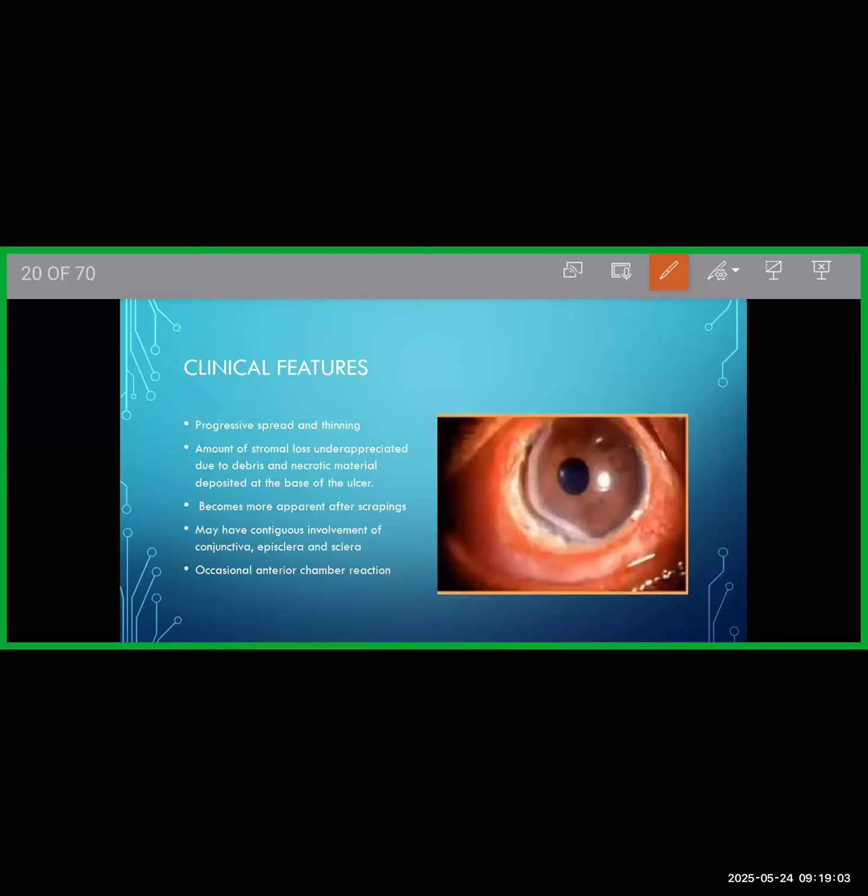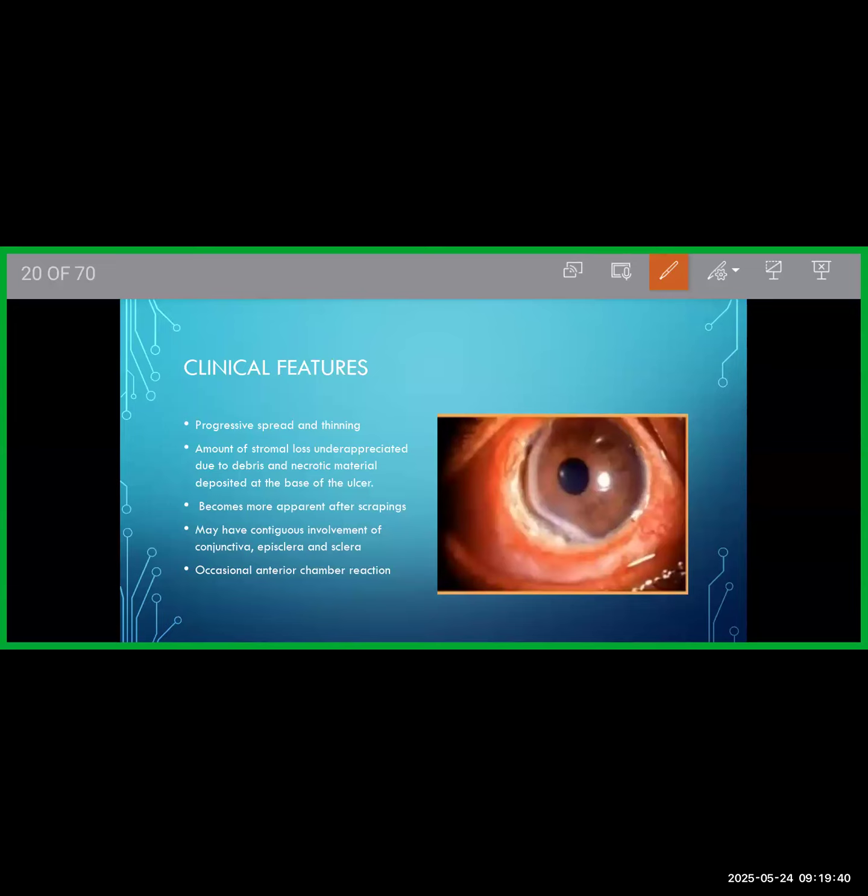Now, with PUK, there is progressive spread and thinning of the ulcer. The thinning is because of the effect of those proteolytic or collagenase enzymes eating up the corneal stroma, and the amount of stromal loss is usually underappreciated due to the debris and necrotic material deposited at the base of the ulcer.